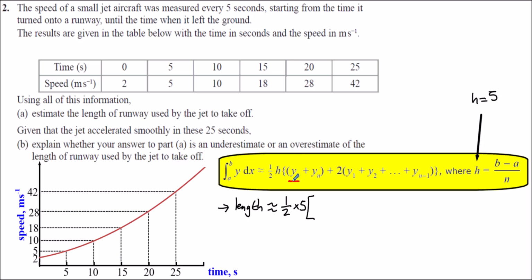So y0 is going to be 2, and yn, the last one, is going to be the last speed measured, which is 42. So it's 2 plus 42, plus 2 lots of all the other ones added together. So it's going to be 2 lots of 5 plus 10 plus 18 plus 28.